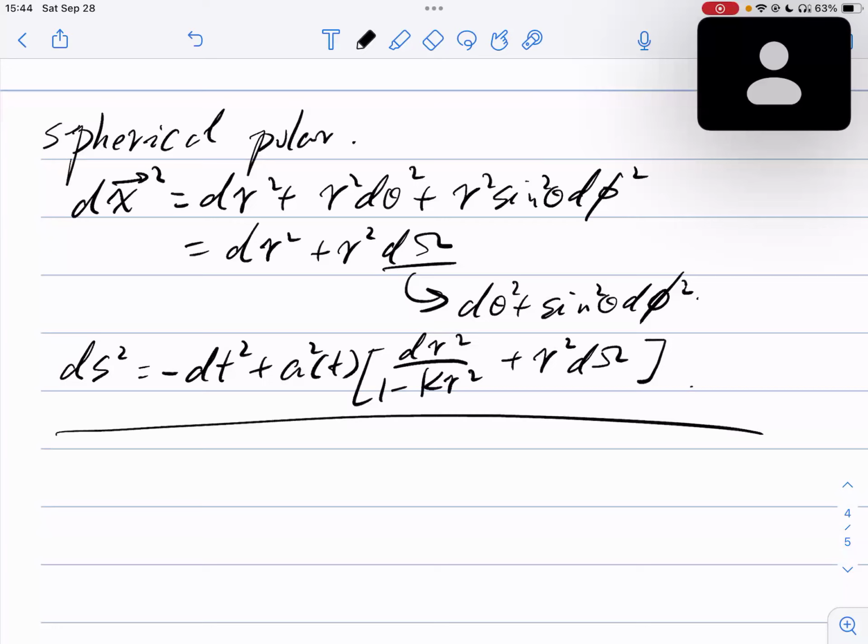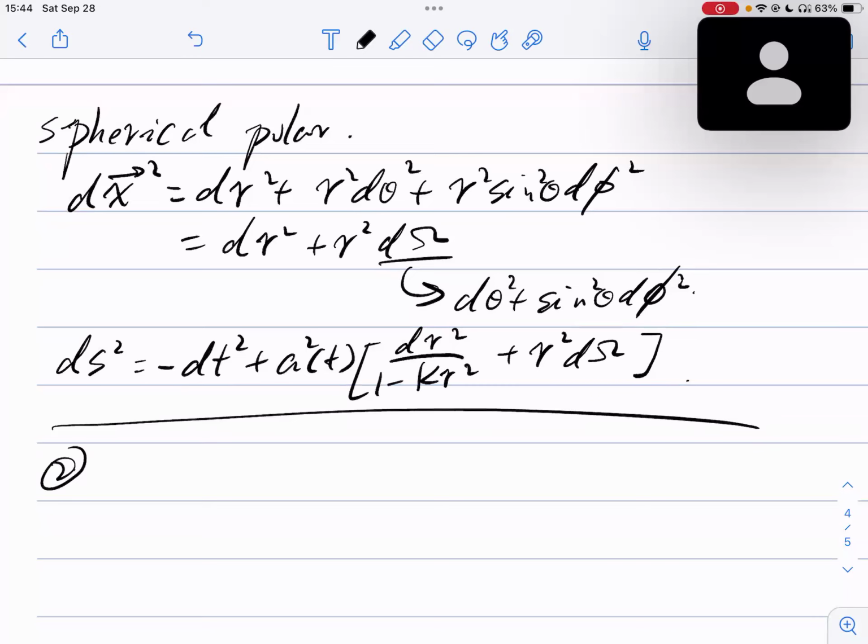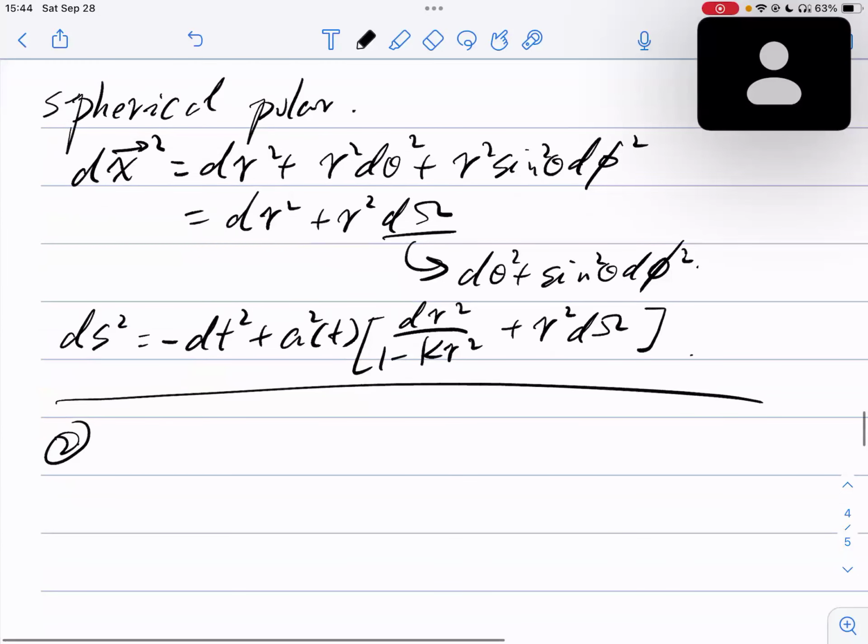So I've obtained the FRW metric, and the next step is to calculate the Christoffel symbol, the Riemann curvature tensor, the Ricci curvature, the Ricci tensor, and the components we will use in the Einstein field equation. And now let's begin to calculate.